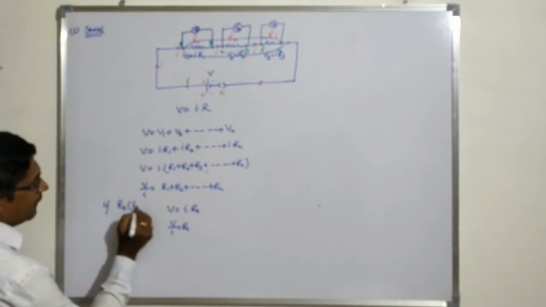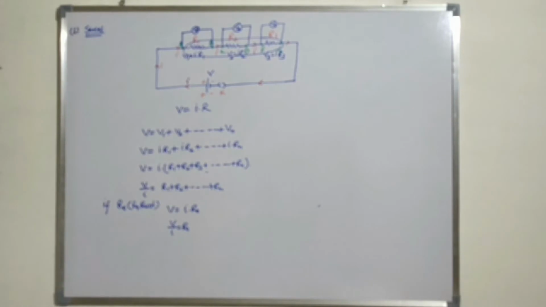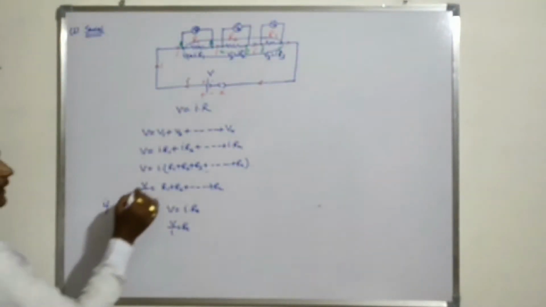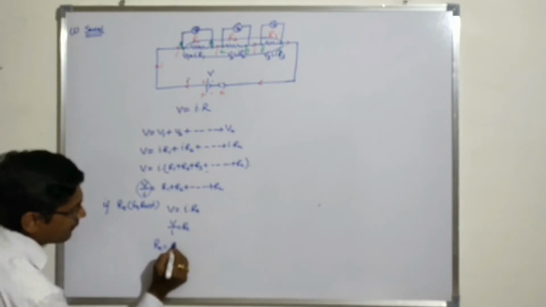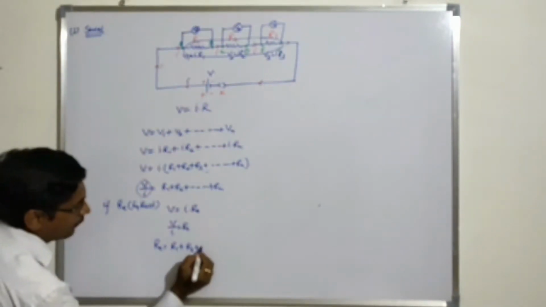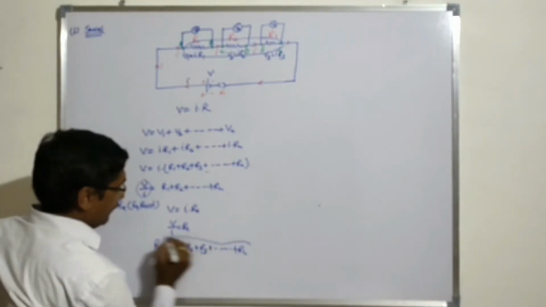Re is the equivalent resistance. So we can put V upon I equals Re, and the equivalent resistance equals R1 plus R2 plus R3 up to Rn.